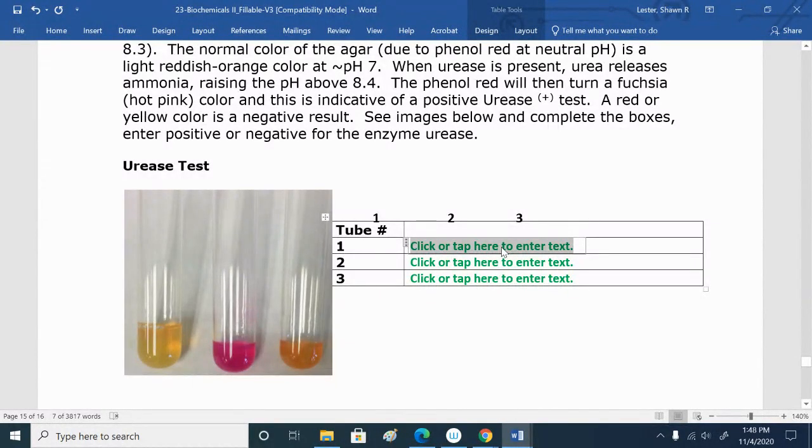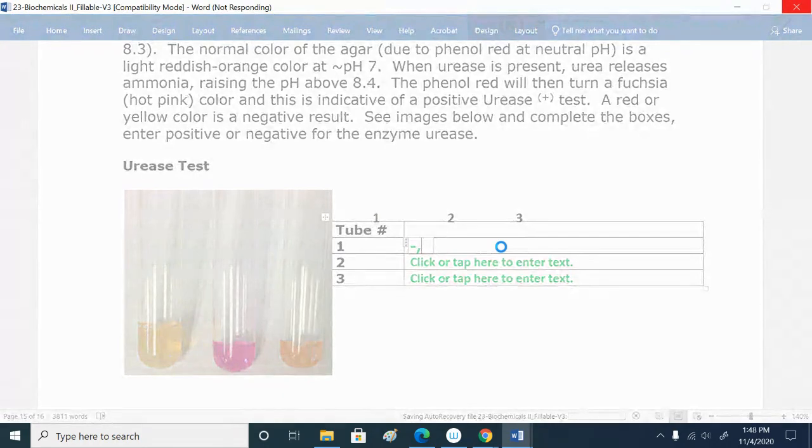Is it positive or negative? Negative, because we're looking for ammonia production. And so what's the pH? Acidic. In tube 1, it's acidic, right?